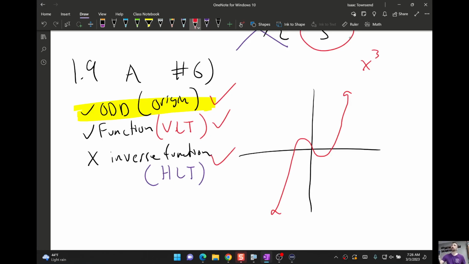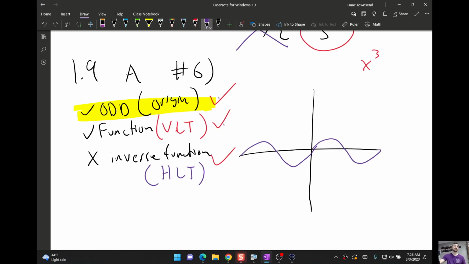Oh, also a few people threw this one out, and I didn't even really think about this, but if you pulled in stuff from last semester, one of the odd functions we learned was the sine graph. So I saw a few people do this. This is an odd function. Oh, it's a function. It's certainly odd.